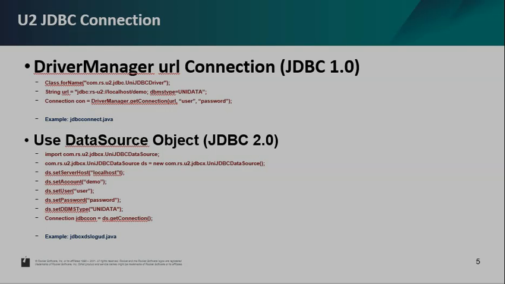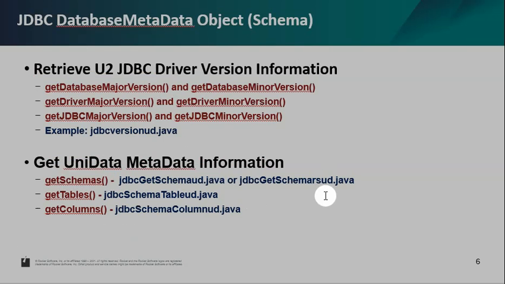Another way is using the data source object. You create a data source object, add a property, and you can get the property object. Then from the data source object, you can create a connection. For functionality, we have a database metadata object.